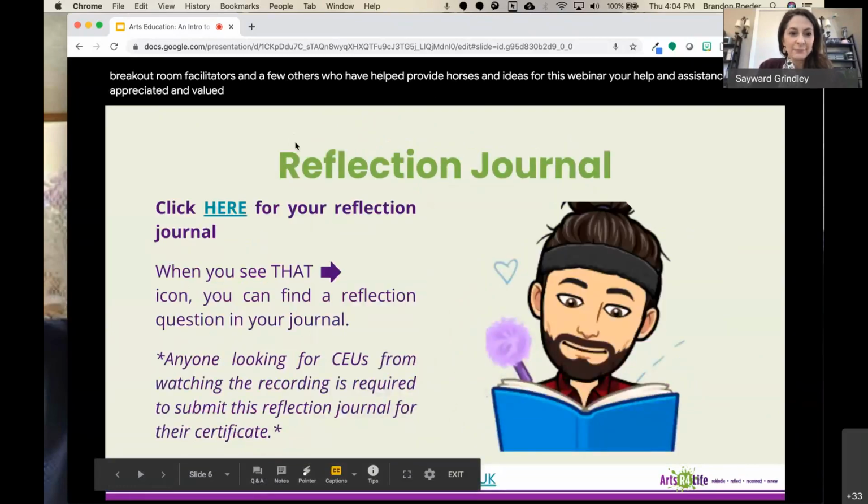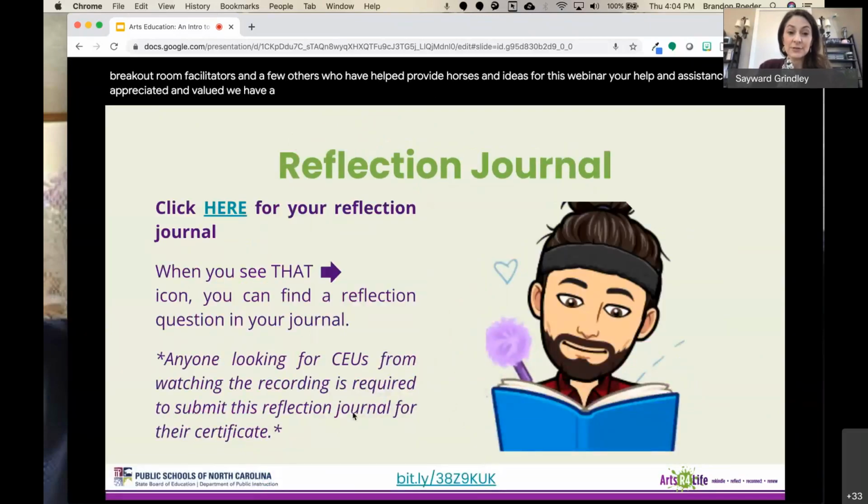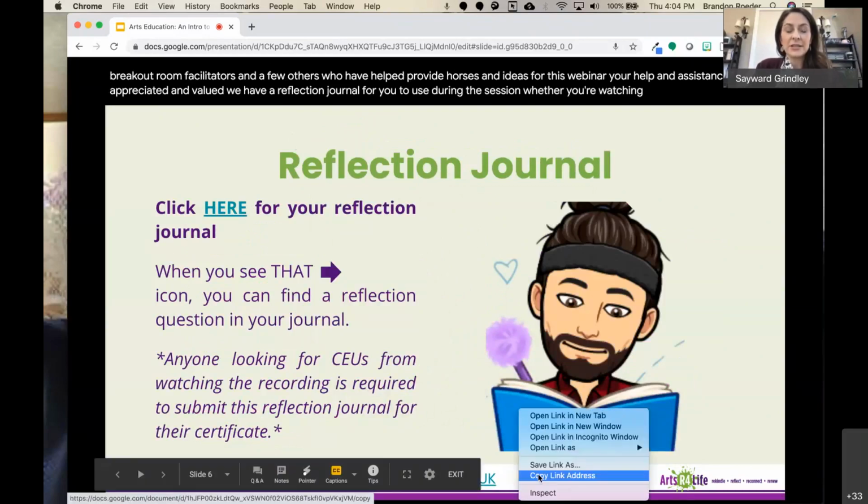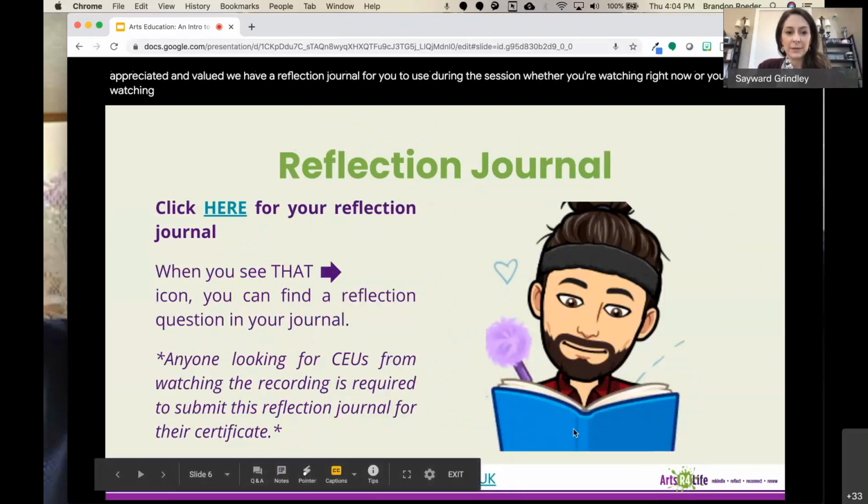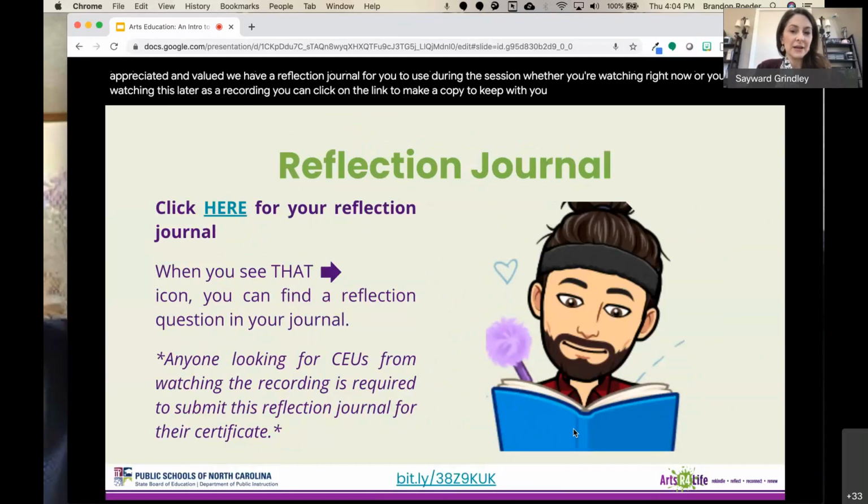We have a reflection journal for you to use during the session, whether you're watching right now or watching this later as a recording. You can click on the link to make a copy to keep with you during the webinar. Make sure when you click on that, it says make a copy. If you're wanting CEUs for watching this recording later, you're going to be required to submit a copy of your reflection journal in order to receive your certificate.